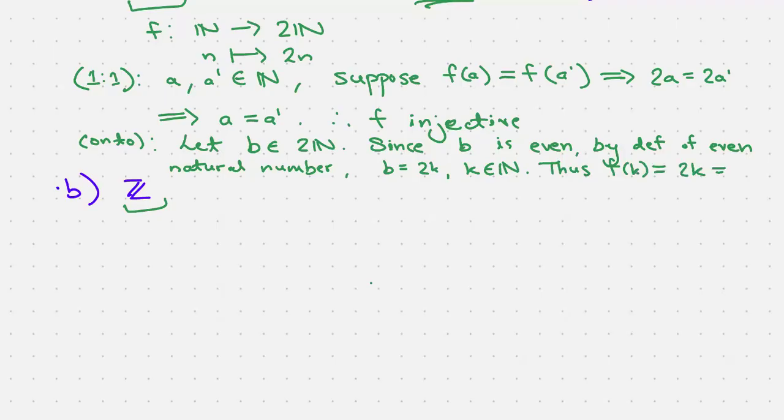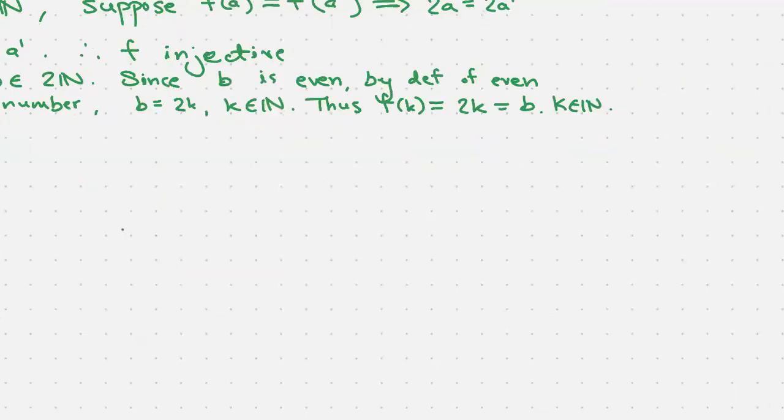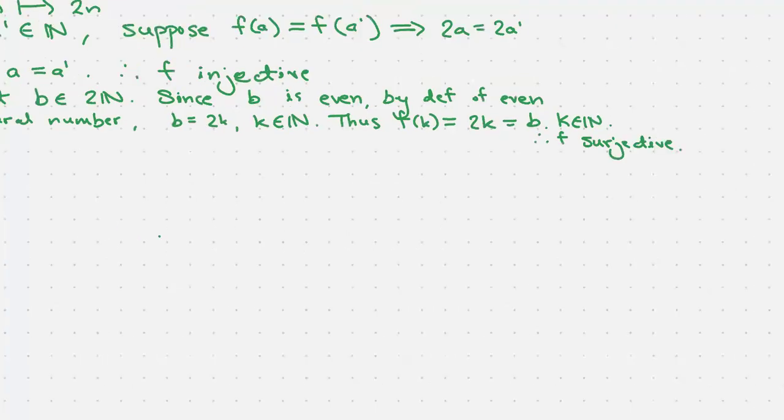And as k is in N, we're done. So therefore, f is surjective. So since it's surjective and injective, this is a bijection.